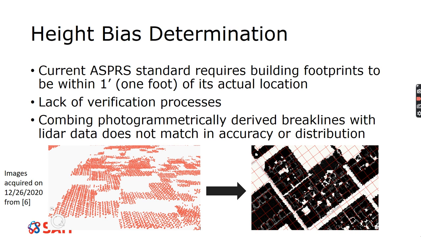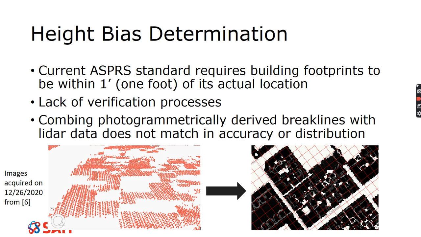So these are all challenges that we are thinking about when we're creating Lidar data sets. We can combine photogrammetry and Lidar together, which is done quite often. We also use photogrammetry to create break lines, which is also very helpful. But we still struggle with the fact that photogrammetry has a different accuracy and a different kind of distribution, right?